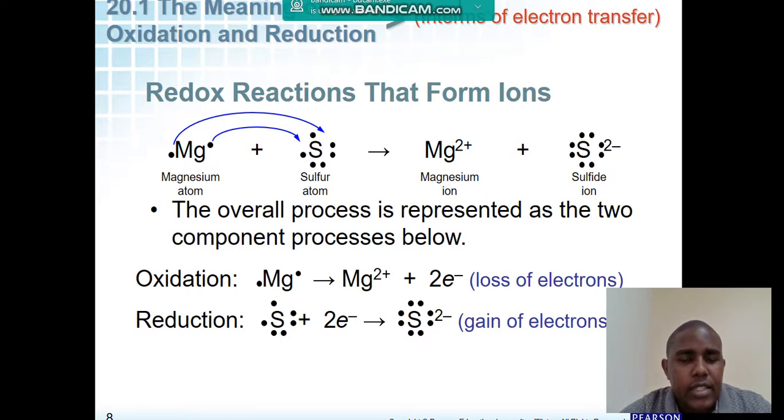But in this reaction, we do not have any oxygen removal or addition. Oxidation and reduction can be defined in other ways, and one of them is in terms of electron transfer.